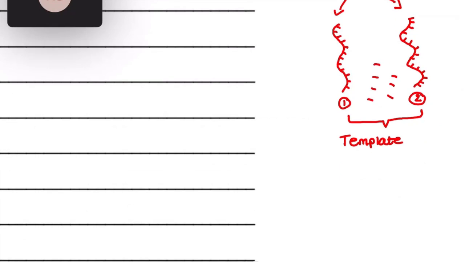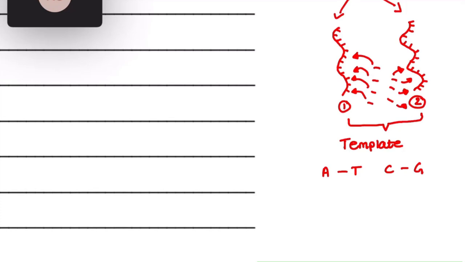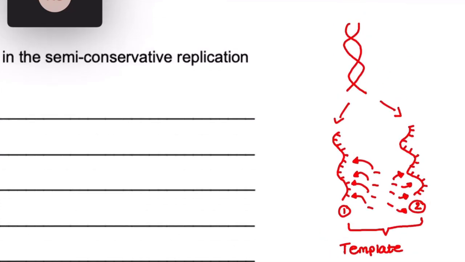And remember, we saw that A pairs with T, and C pairs with G: adenine pairs with thymine, cytosine pairs with guanine, and these exposed bases will bind to their complementary letter. Then the enzyme DNA polymerase will come on and catalyze the formation of the phosphodiester bonds, and it will produce a new double helix of DNA.